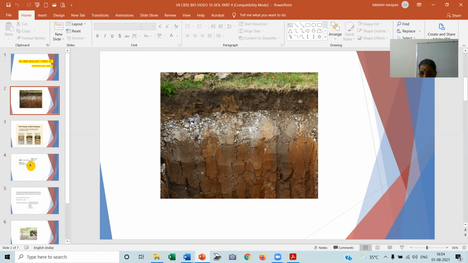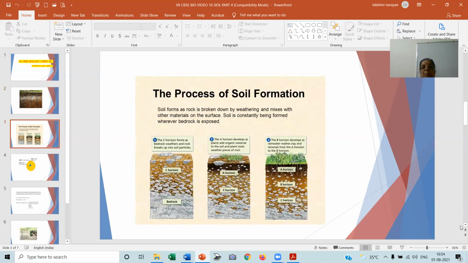I am giving this picture mainly because many buildings are being constructed around our school. When they dig for the foundation, we find a structure like this. I hope you are listening. So it will be like this. This is the soil profile, right?